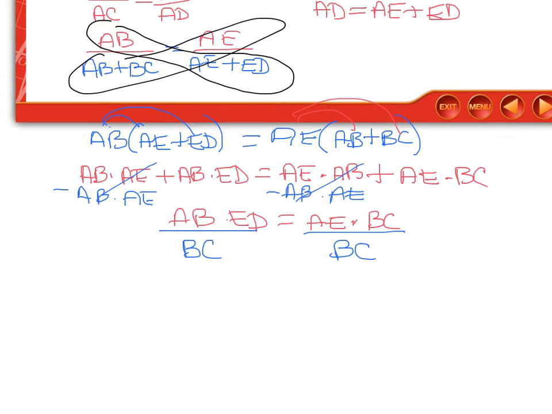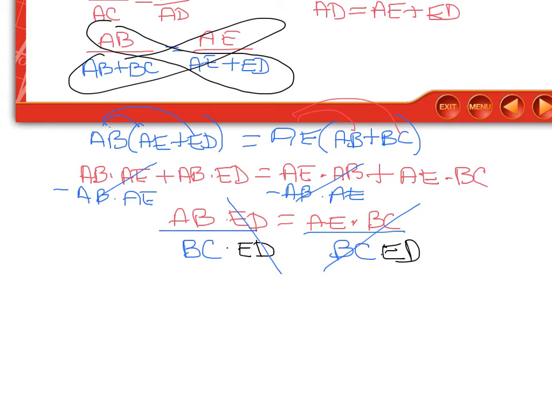So I have this expression over here, AB times ED divided by BC. Over to the right, my BC divided by BC reduces to 1. Now I'm going to divide both sides by ED. And over here, my ED divided by itself reduces to 1.